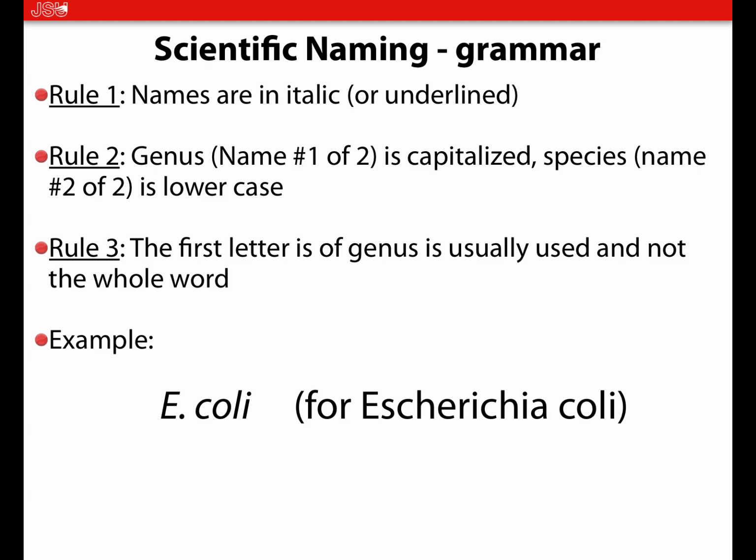Now, many times in scientific literature, once you name a full genus and species, you can abbreviate the genus with just the first letter. For example, E. coli, or you might say B. anthracis for Bacillus anthracis, or H. sapiens for Homo sapiens. But you should know how to do scientific naming.